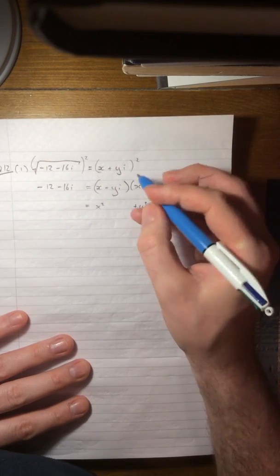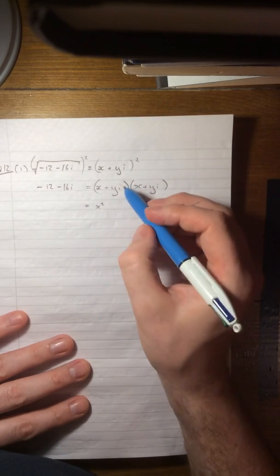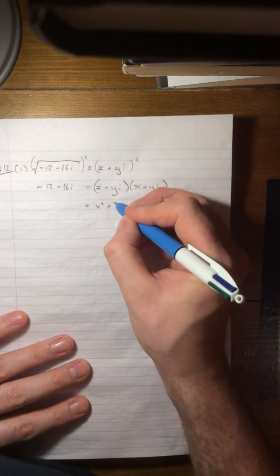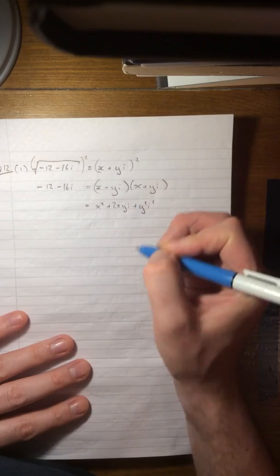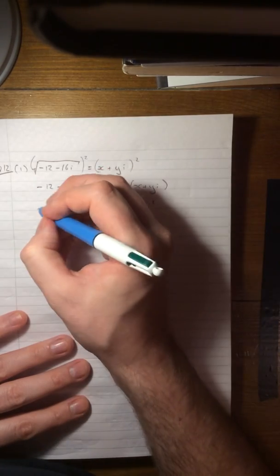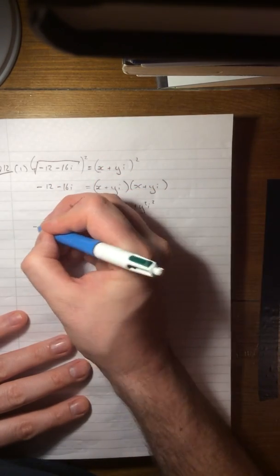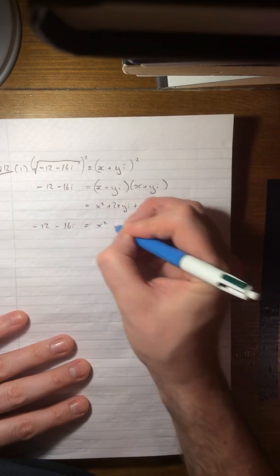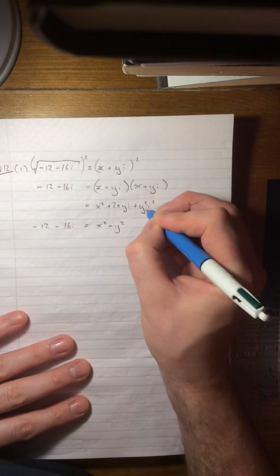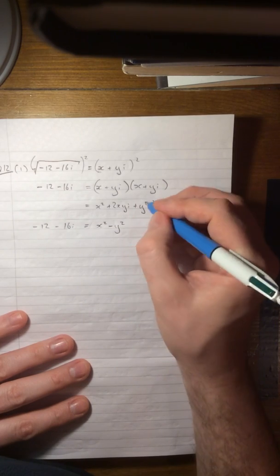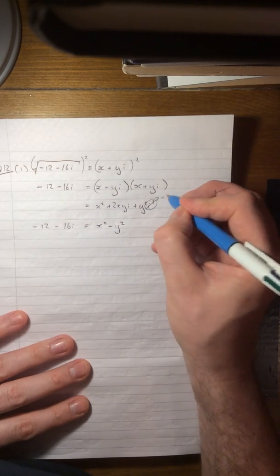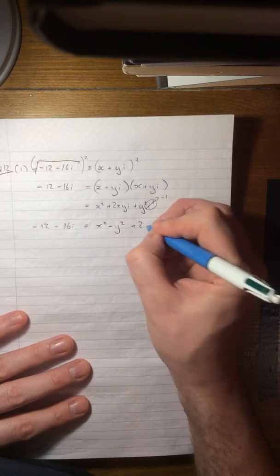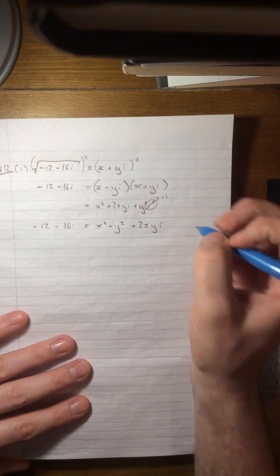If you're not, just multiply that out whatever way you normally would, plus 2xyi. So what we get from that is that minus 12 minus 16i equals x squared minus y squared, that becomes minus y squared because i squared is minus 1, plus 2xyi.